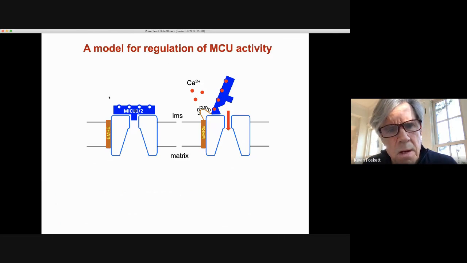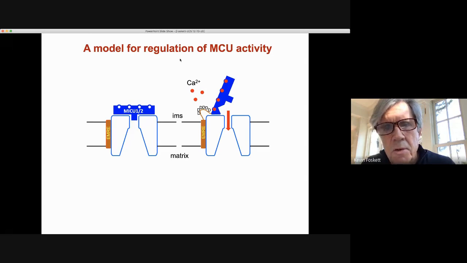And the little plug on the left indicating no calcium flux when calcium in the cytoplasm is low is not to represent any type of mechanism. This isn't to suggest that MICU1, MICU2 are blocking the pore or any mechanism. It's to suggest that the open probability of the MCU channel is low. And I'll come back to this a little bit later.